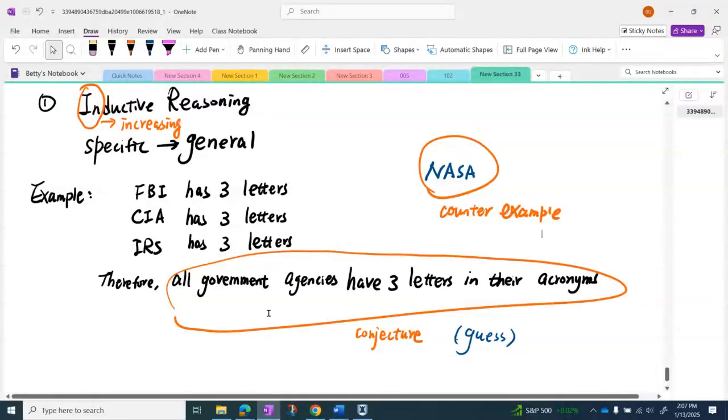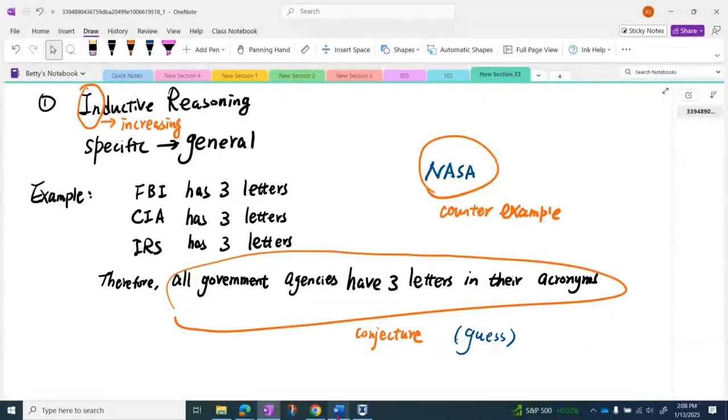And we call the conclusion in an inductive reasoning a conjecture. It might be true, but it might be false. It's not necessarily true because the conclusion is drawn based on only a few cases. So we don't know, right? It's just a guess, it's a prediction. It's called a conjecture. In order to show a conjecture is false, all it takes is a counterexample. To disprove this conclusion, NASA is a good counterexample, right?